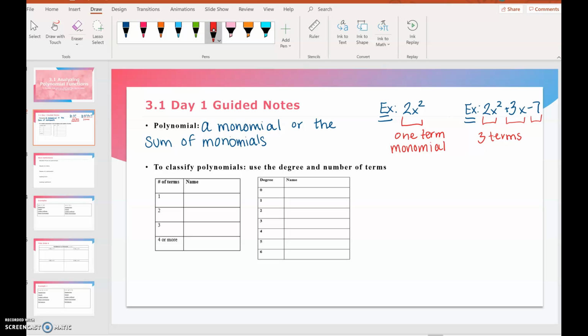Each monomial is one term. So if we're classifying polynomials, if it has one term, an example could be 2x squared. That's one term, and we called that a monomial.